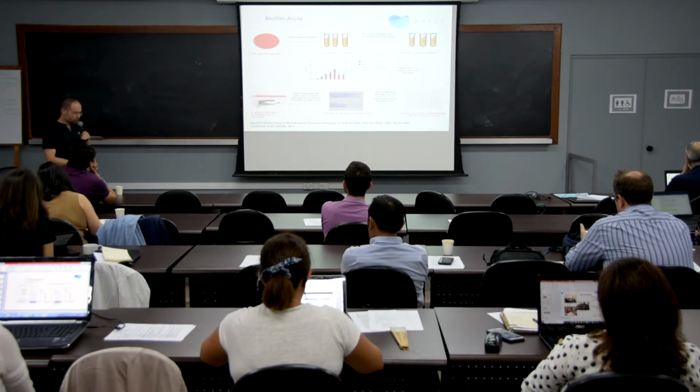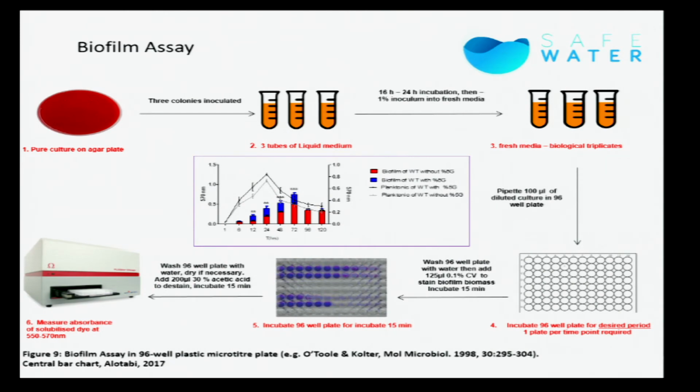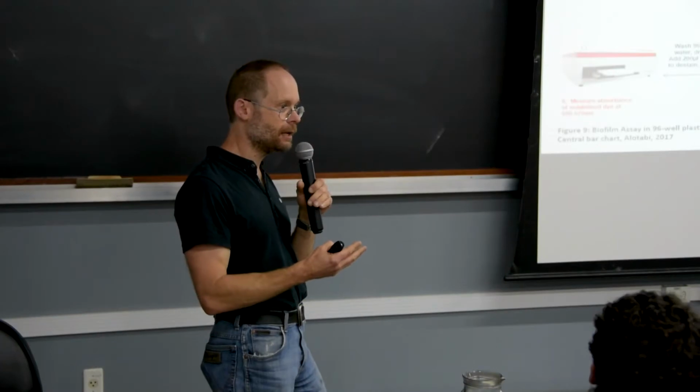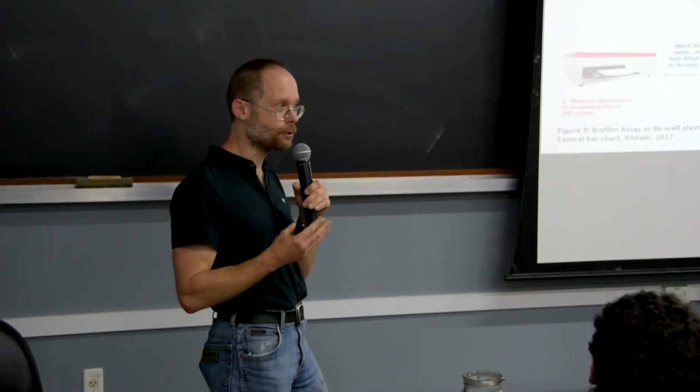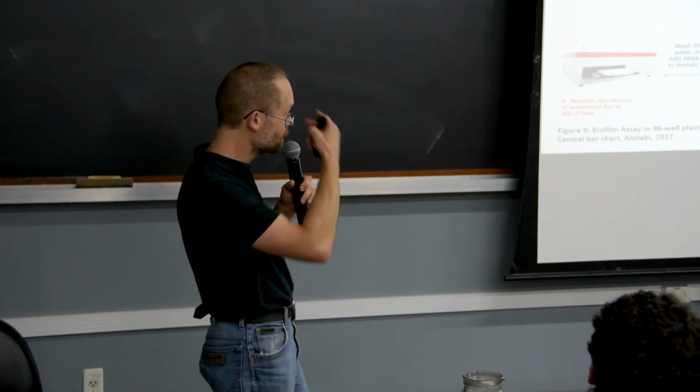So we want to measure the blue. We destain with acetic acid, and that solubilizes the dye that is bound to the biofilm that is stuck to the plastic. Then we can put it in a plate reader and get an optical density reading for the amount of absorbance. And the amount of absorbance that we get from the dye is going to be proportional to the amount of biofilm formed in that time on that plate.